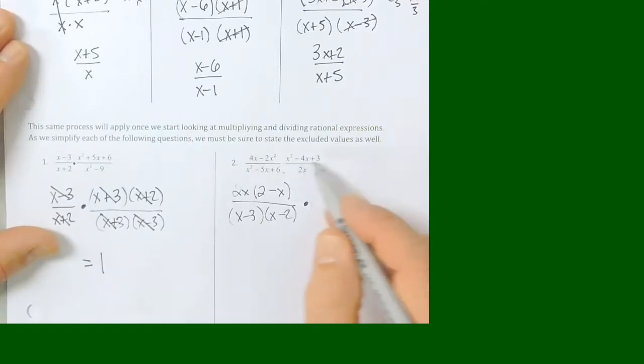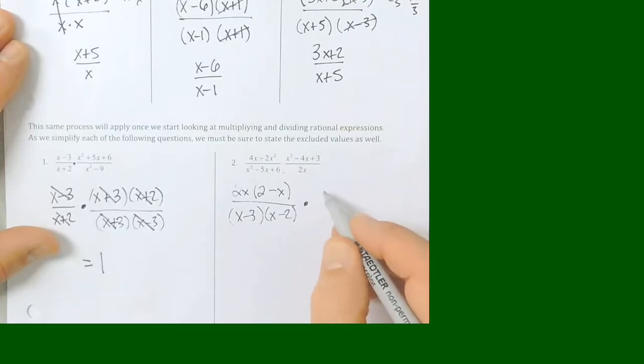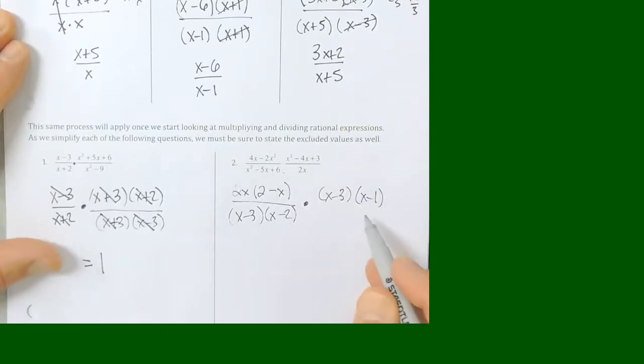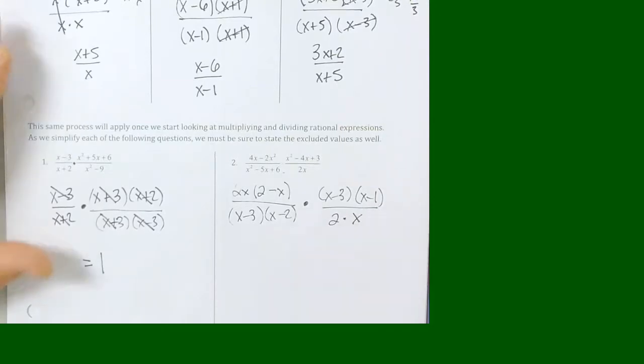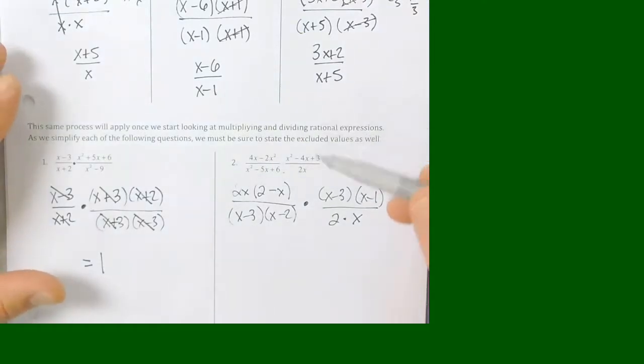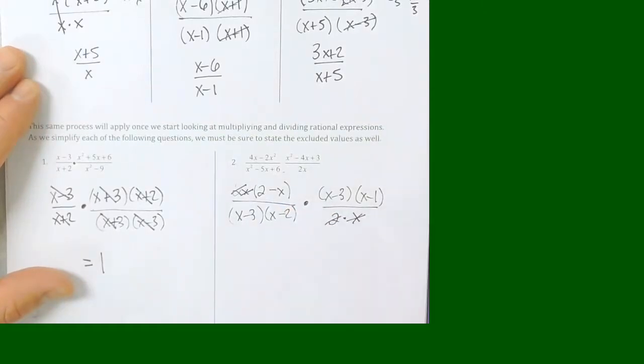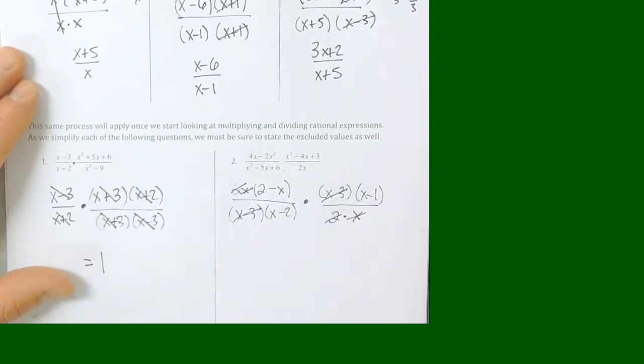Multiply, and I have a binomial x minus 3, x minus 1 over 2 times x. Because we're multiplying, we can just cancel things that are common. 2 and x, 2 and x. x minus 3, x minus 3.